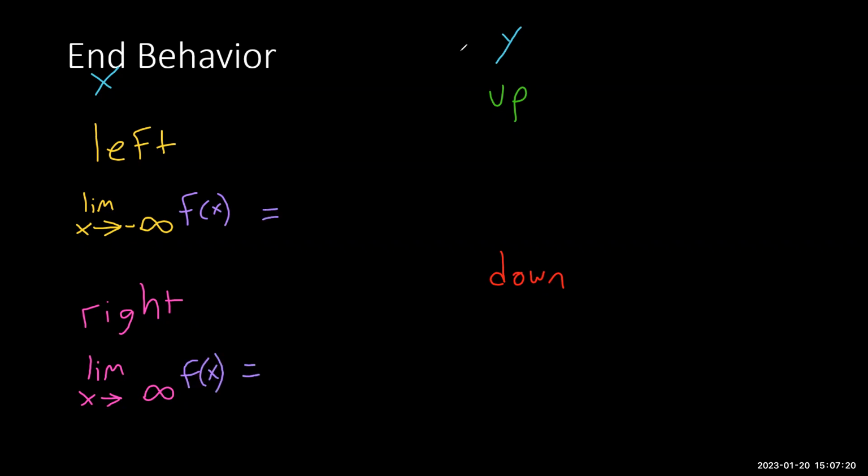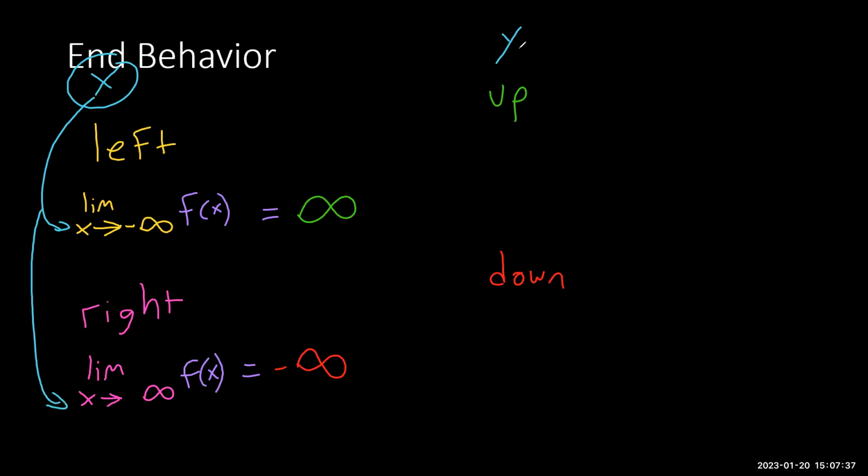What is it doing as you go to the right? If it's going up, we'd put positive infinity. If it was going down, we would put negative infinity, okay? So that means that my x values are here and here. My y values are what it equals.